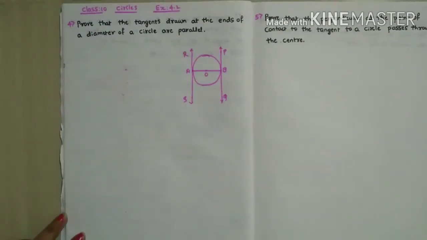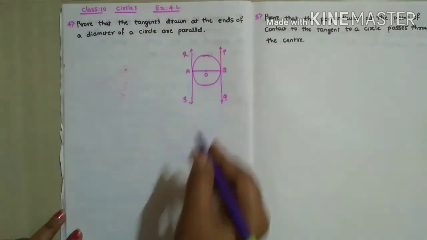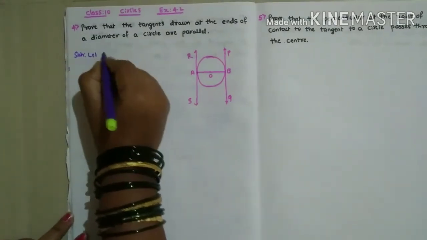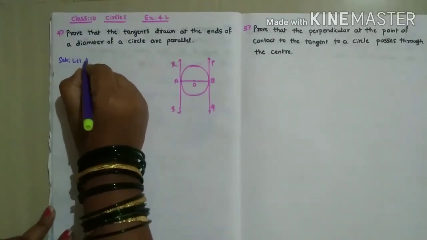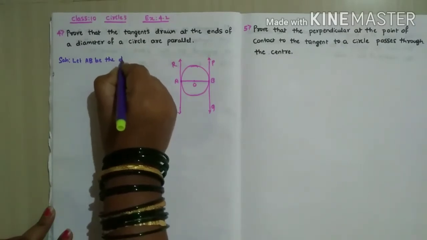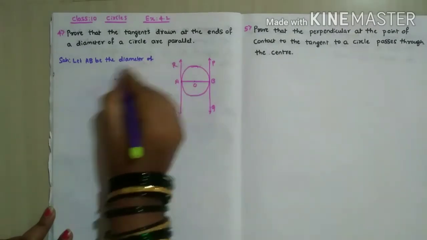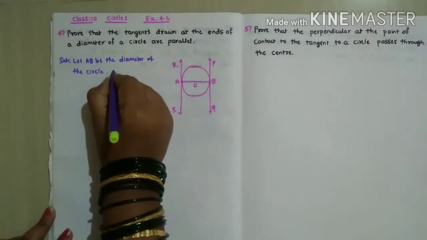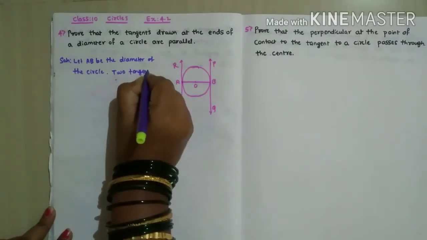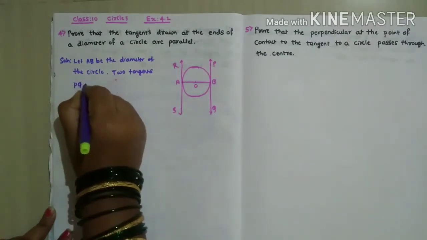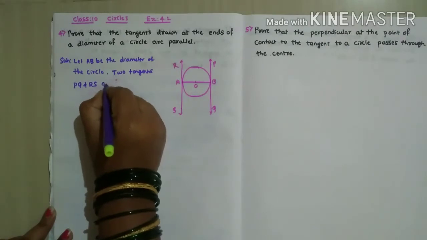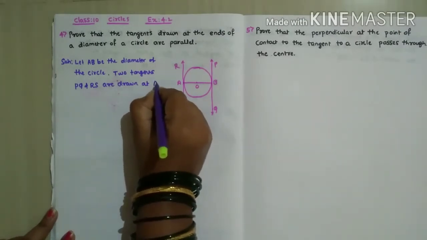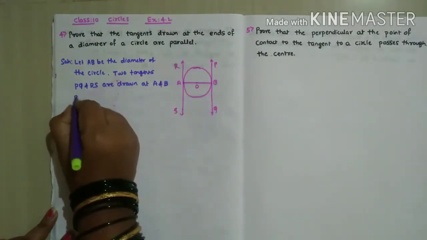For that, first what I have drawn, I will write that. Solution: Let AB be the diameter of the circle and two tangents PQ and RS are drawn at A and B respectively.